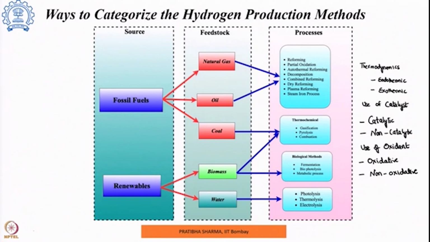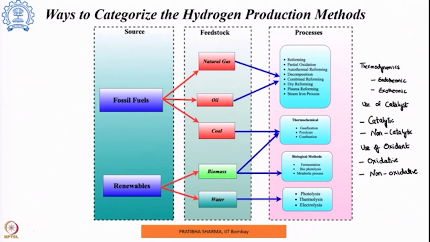If it has to be produced from coal or biomass, then there are various thermochemical processes from which hydrogen can be produced, including gasification, pyrolysis and combustion reaction. From biomass, there are biological routes as well by which we can produce, like fermentation, dark or photofermentation, biophotolysis or various metabolic processes.